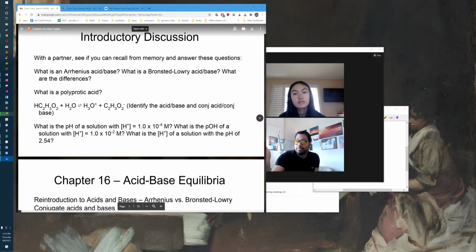So if it has a pH of 2.54, the H plus concentration is 10 to the power of negative 2.54. Okay?